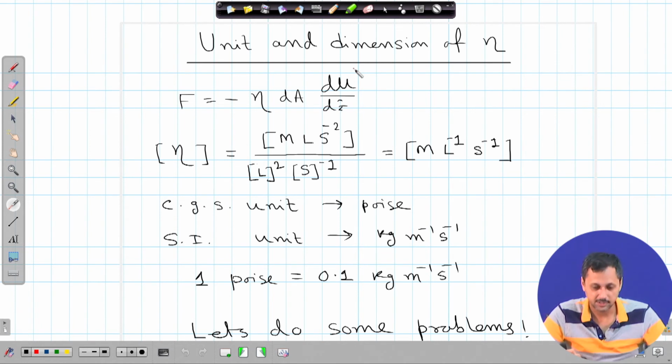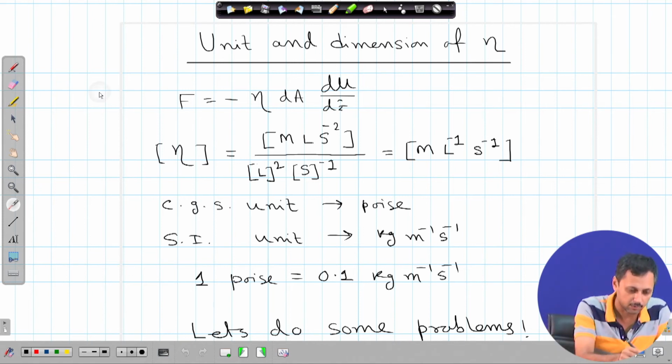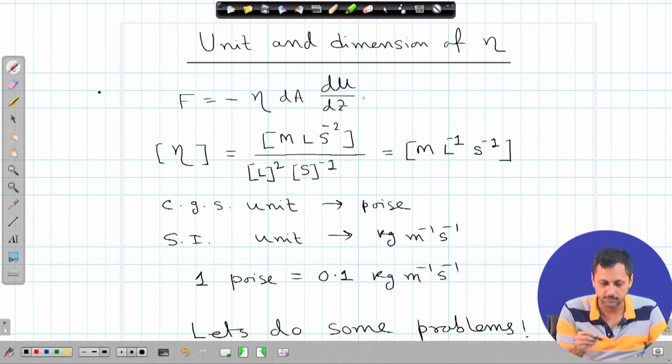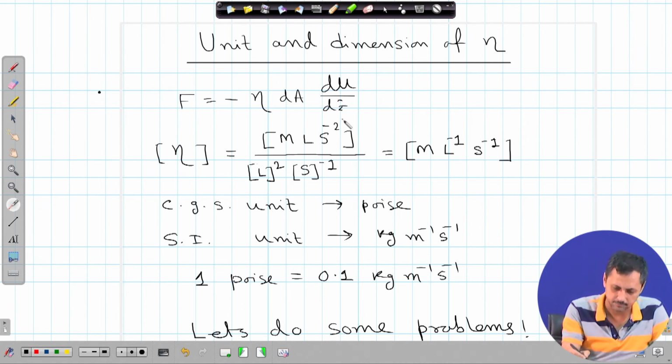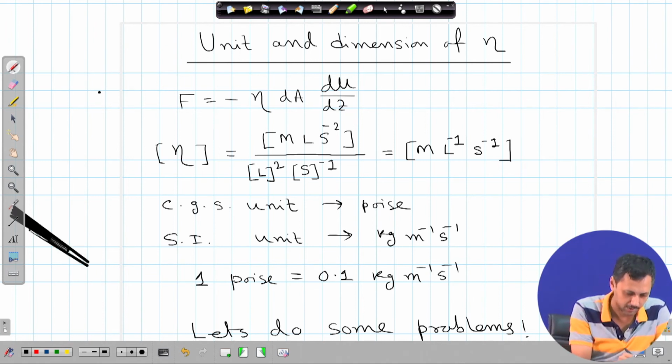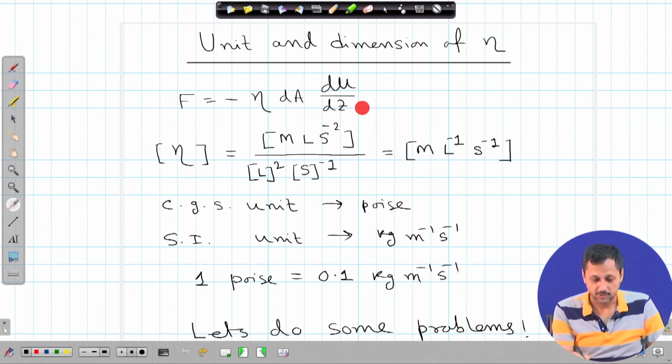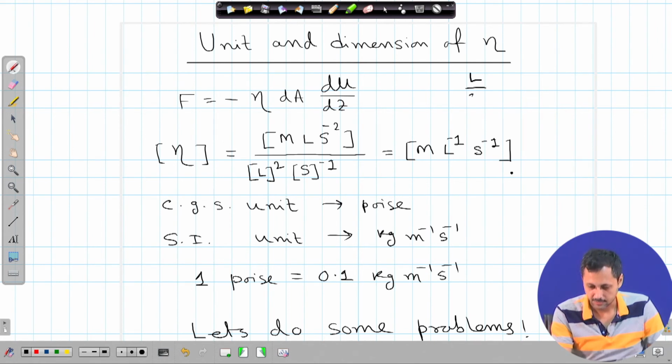So, what is the velocity gradient? It is du/dz, so basically the dimension will be length per second into 1 by length.